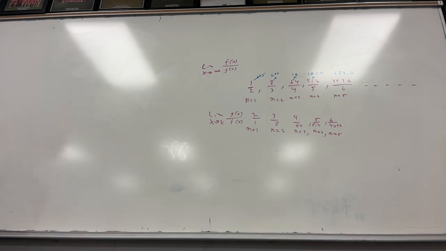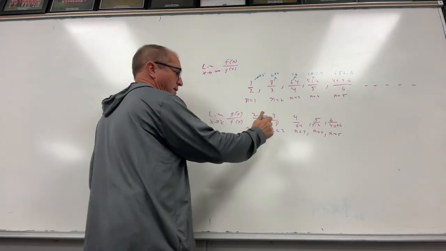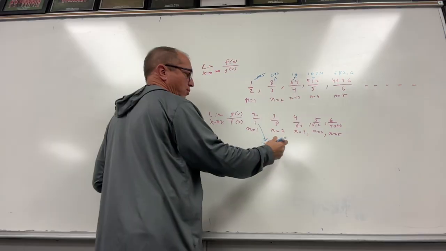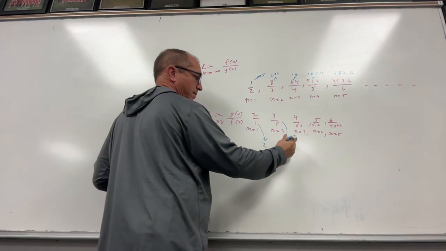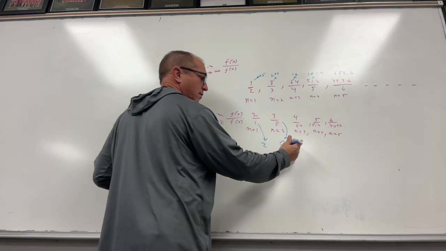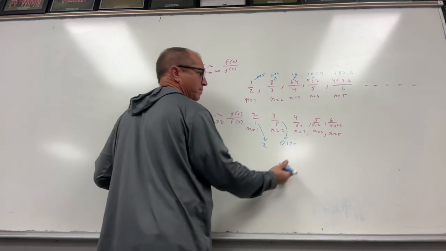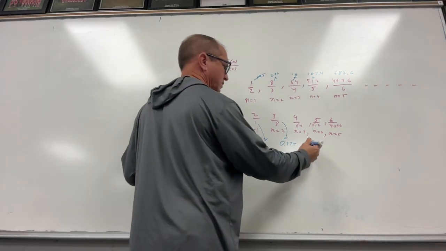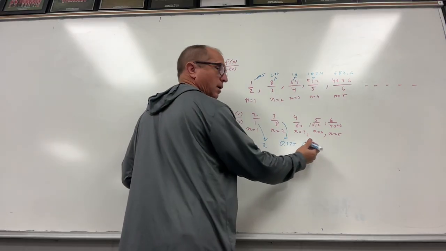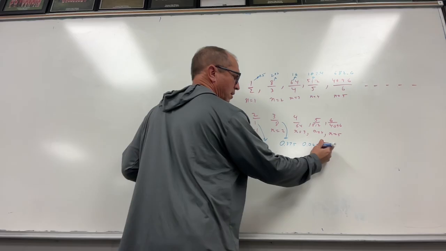Now, again, we said the same thing's happening here, right? 2 over 1 yields 2. Now, what about 3 over 8? 0.375. Then 4 over 64, so that's 1/16, which is 0.0625.